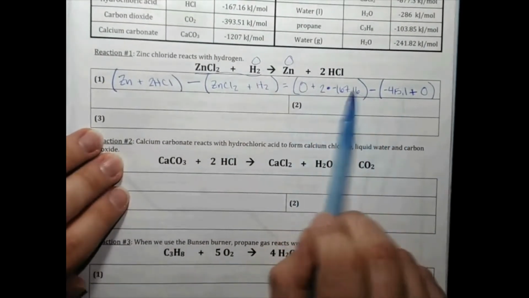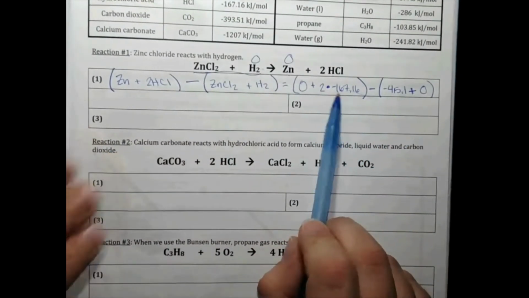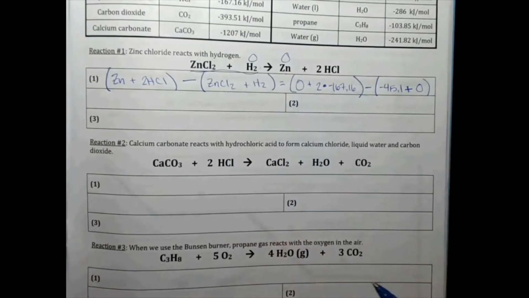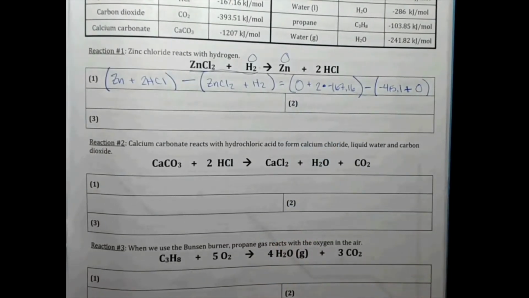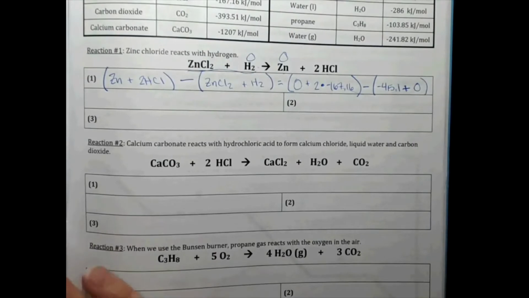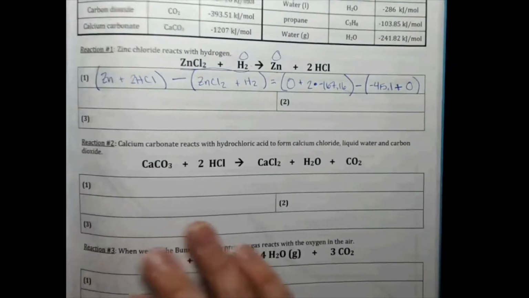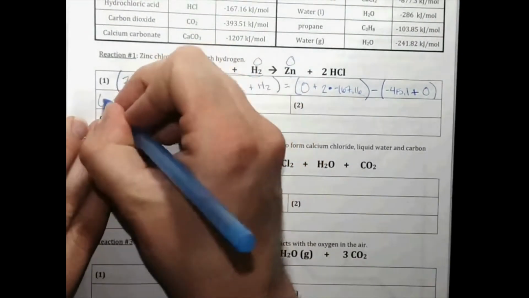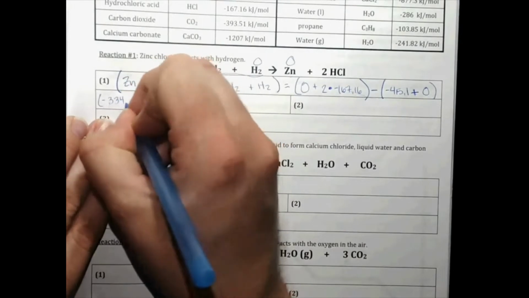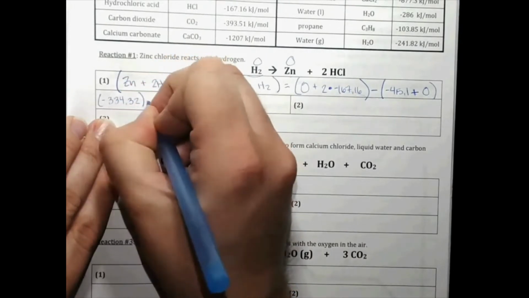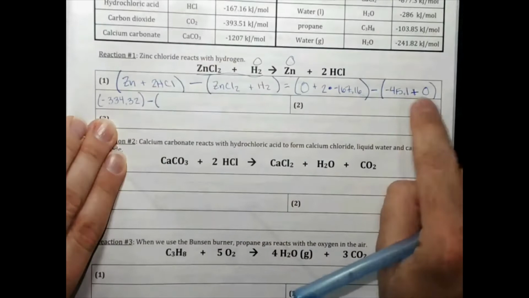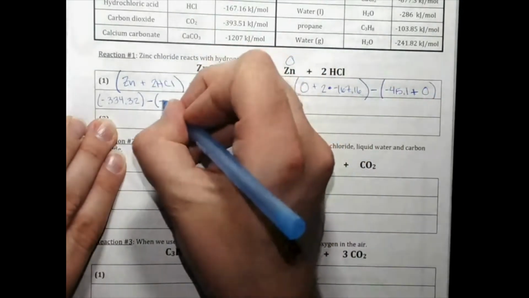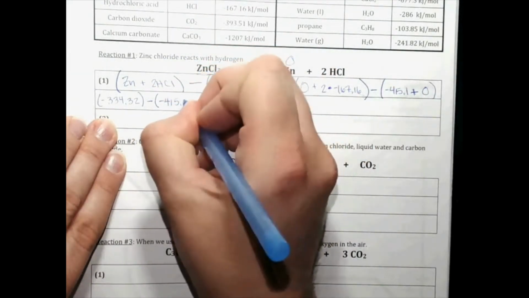So now I can simplify what's in these parentheses. Basically, 0 plus is obviously not going to change anything. So I do 2 times negative 167.16, and that's negative 334.32. Then I'm subtracting. Adding the 0 here, again, not going to change anything, so this is just negative 415.1.